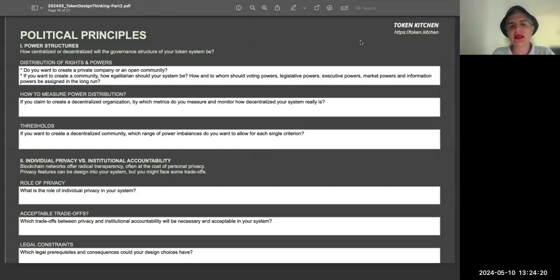But unfortunately, as you might well know, blockchain networks are radically transparent and don't provide enough privacy by design by default for many of the applications you want to build. And if people don't join your network because all their data is available to everyone, that might not be a sustainable system. It might not be a legal system either, because there are privacy by design requirements in certain legislations or certain geographies, like the European Union, for example.